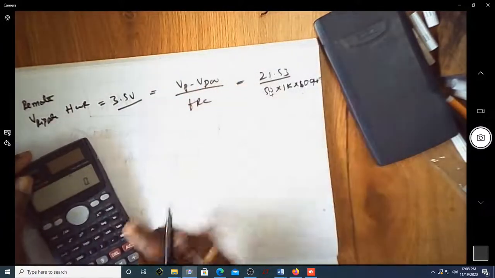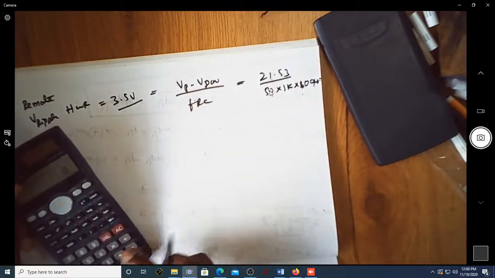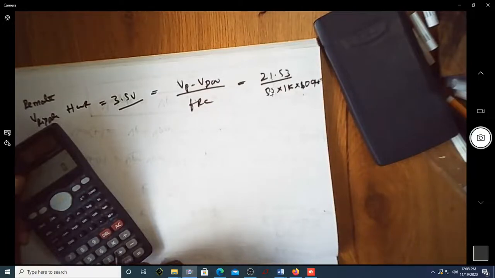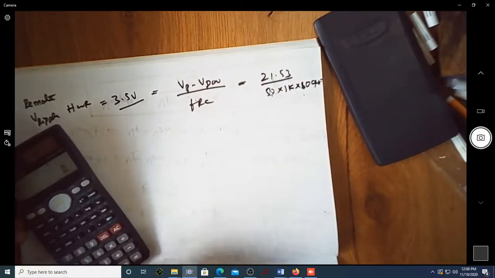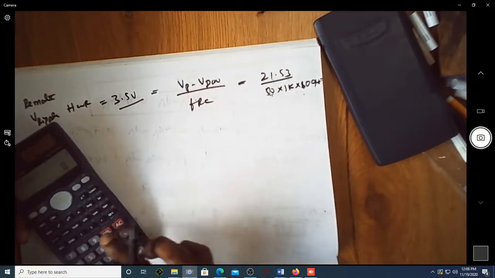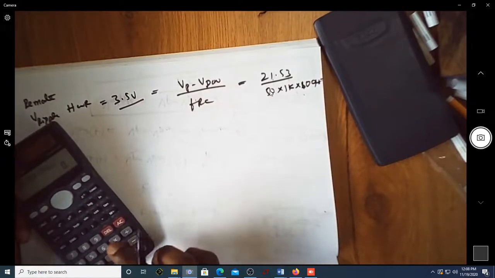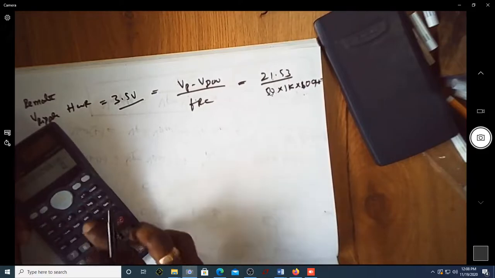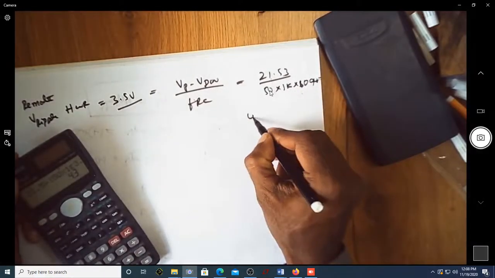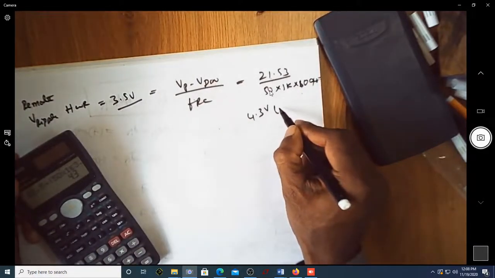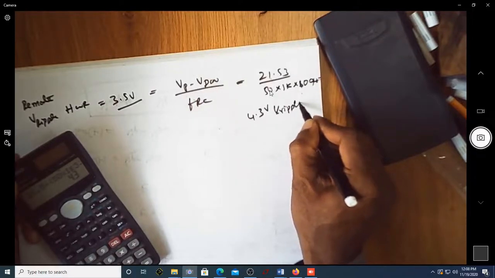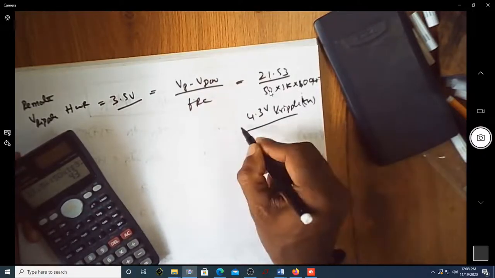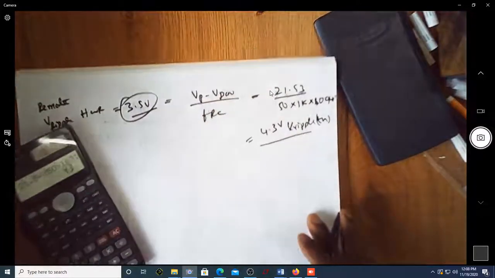These are all the theoretical values. Don't expect it to be exactly 3.5. It is 21.5 divided by 50 times 10 to the power 3 times 100 times 10 to the power minus 6. You can see now it is 4.3 volt, the theoretical V ripple. Of course we are getting 3.5.